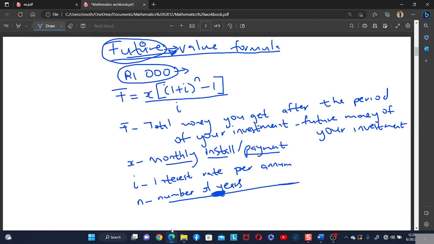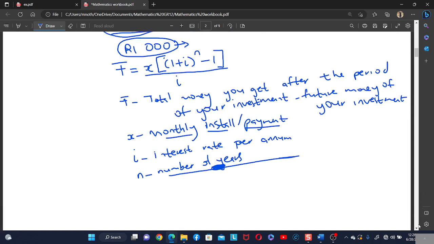Okay, so we need to note that this formula assumes that the payments are made at the end of every month. So they are made at the end of the month.